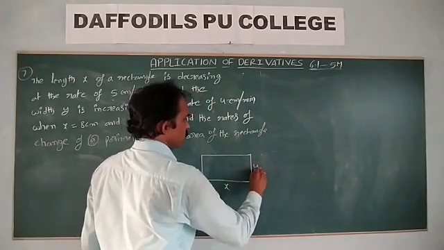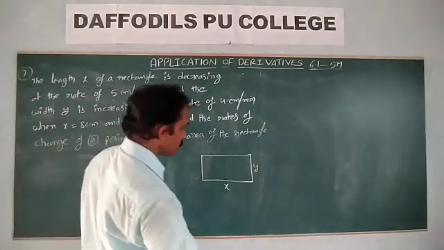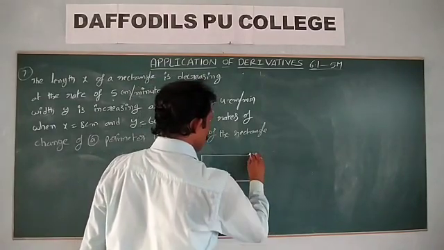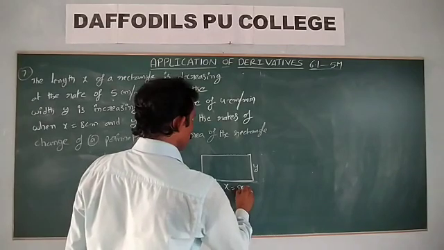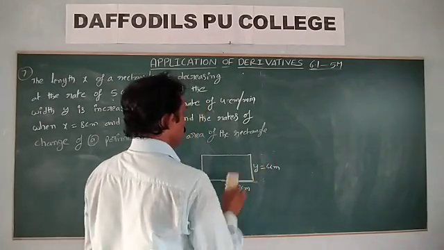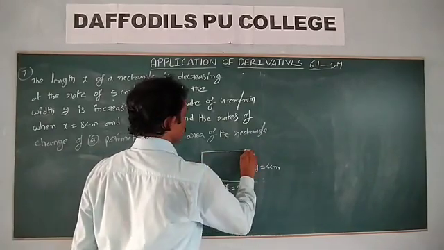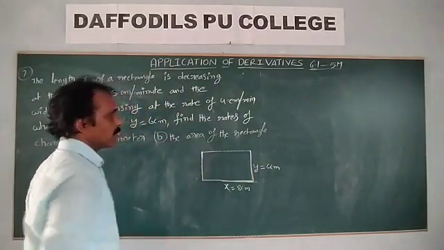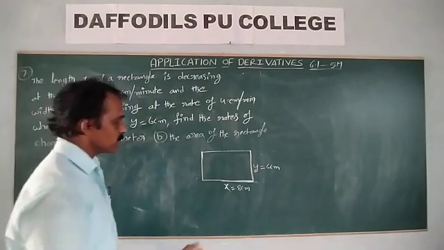Length is x, width is y. Length x is given as 8 centimeter. Y is equal to 6 centimeter. Width is 6 centimeter and length is 8 centimeter.